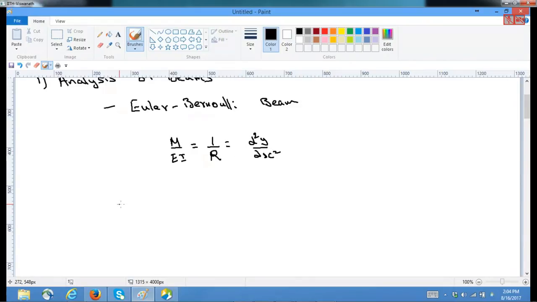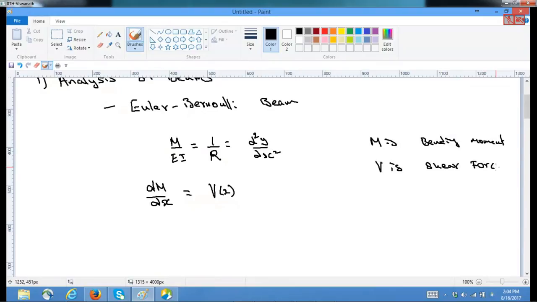dM by dx is equal to V of x, where M is bending moment, V is shear force, y is the elastic curve, that is the deformation of the neutral axis, R is the radius of curvature, the radius of the segment which bends like an arc.